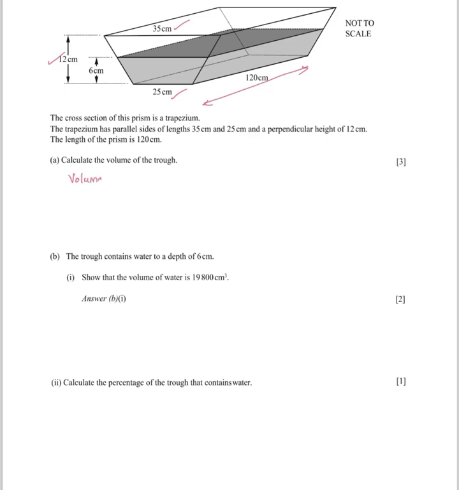Volume is equal to base area times height. The base is a trapezium, so its area is half h times (a plus b), times the length of the shape given.